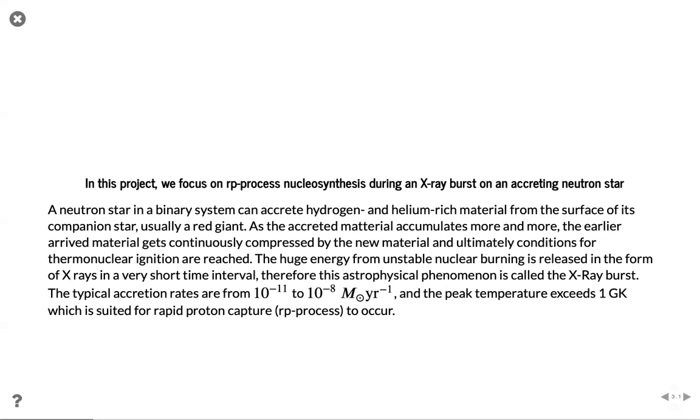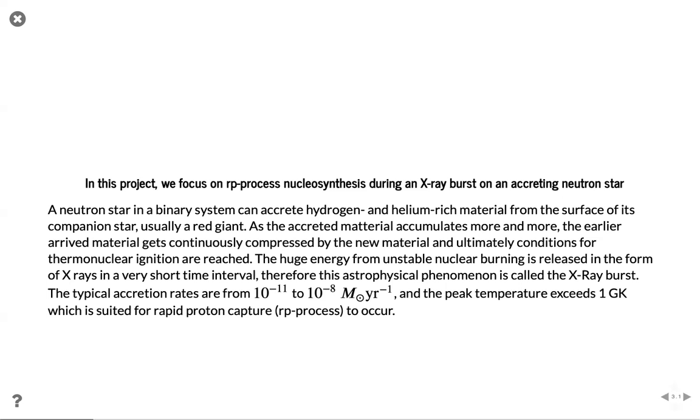The huge energy from unstable nuclear burning at the bottom of the accreted envelope is released in the form of X-rays in a very short time interval. Therefore, this astrophysical phenomenon is called the X-ray burst. The typical accretion rates for X-ray bursts range from 10 to the minus 11 to 10 to the minus 8 solar masses per year.